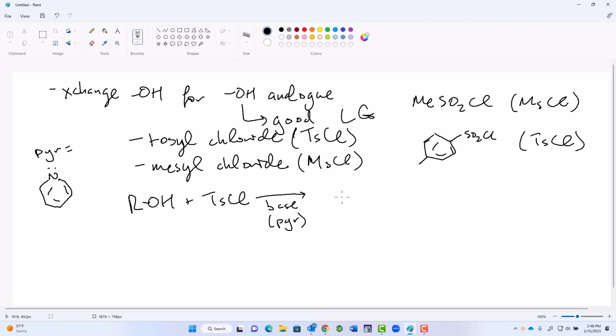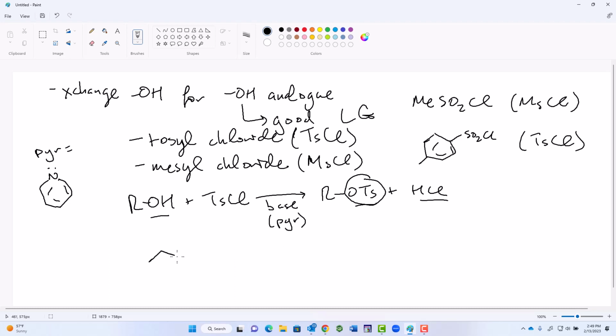That's a good base. And what we would do is we would exchange the ROH plus tosyl chloride. We turn the ROH into ROTs, and we generate an equivalent of HCl. And that's where the base comes in to soak up this HCl. So this OTs, or OMs if you're using mesyl chloride, is going to be converting the OH, which is a bad leaving group, into OTs, which is a good leaving group.